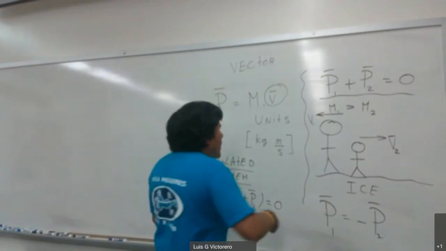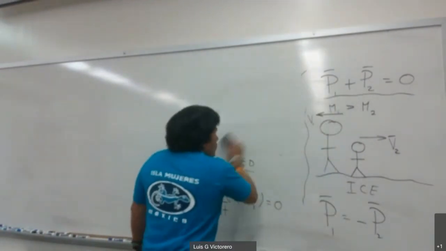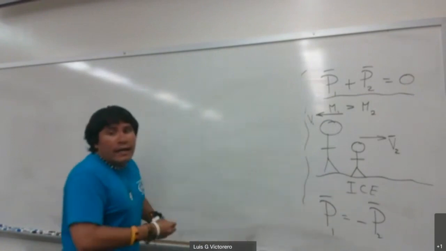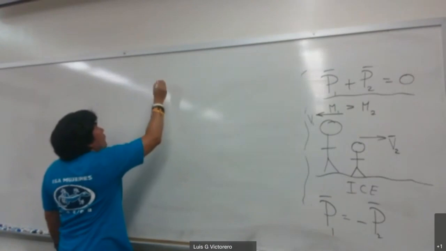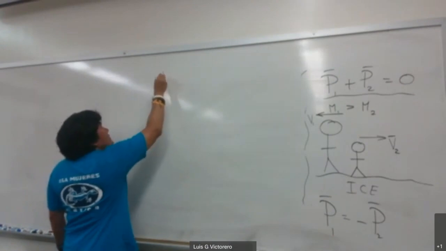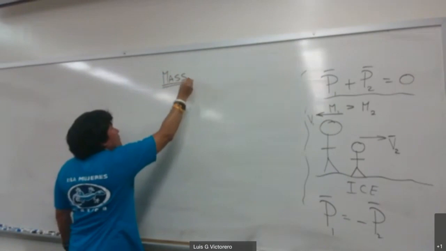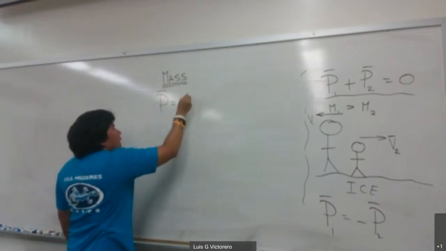Now let's analyze what happens if you take the derivative of momentum. So let's say you have just one mass, and you know P equals mv.